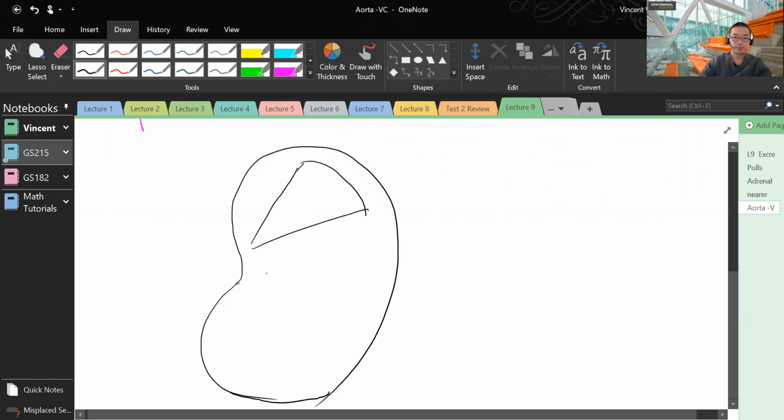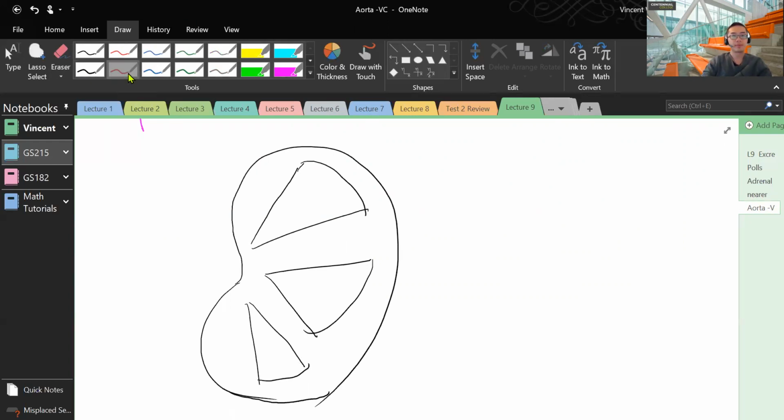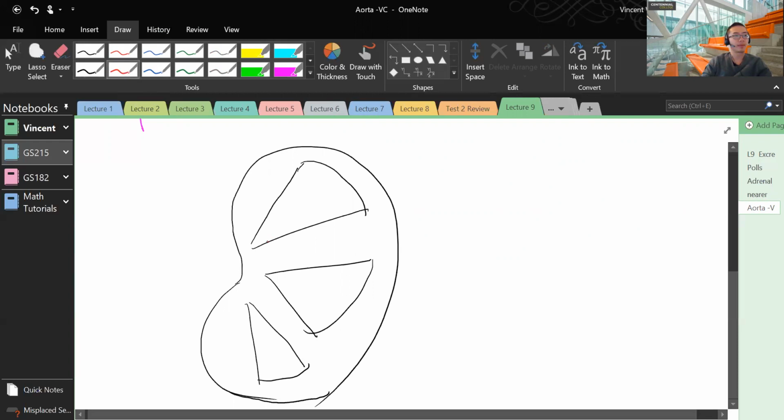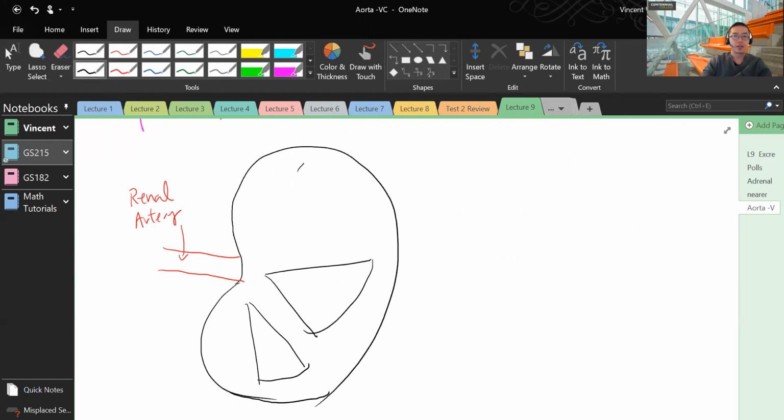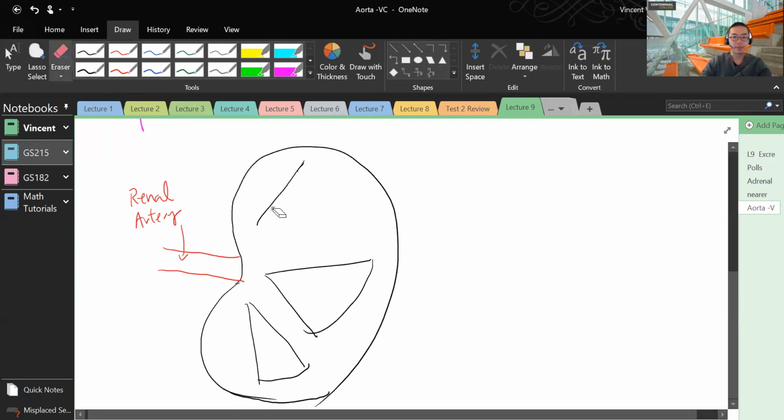One pyramid, two pyramids, let's draw another one. Three pyramids. All right, so here we will have the renal artery. Sorry, just gotta make more space.